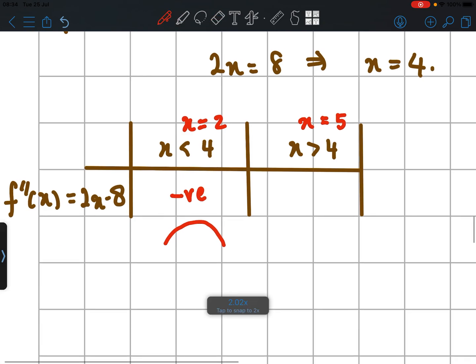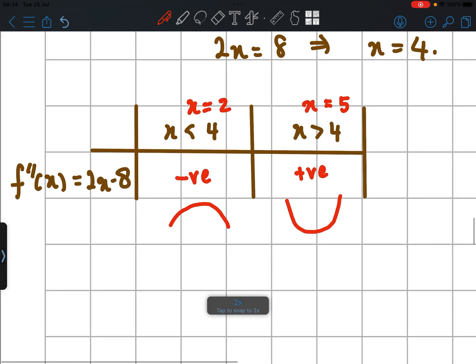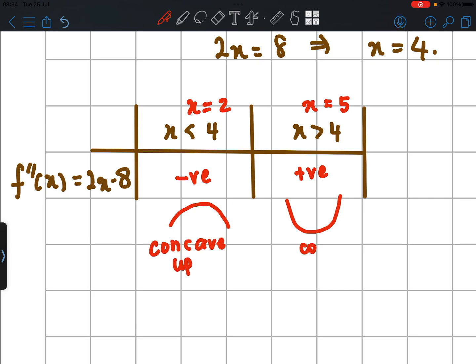So when we take x greater than 4, we take x equals 5. So 5 times 2 is 10, 10 minus 8 is positive. So it's supposed to be concave up. So this is concave up, and this is concave down.